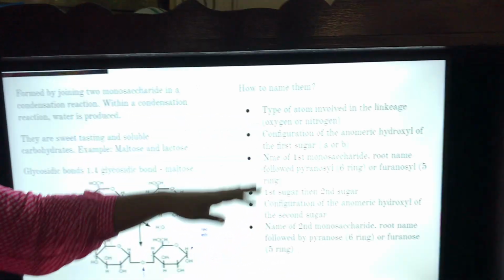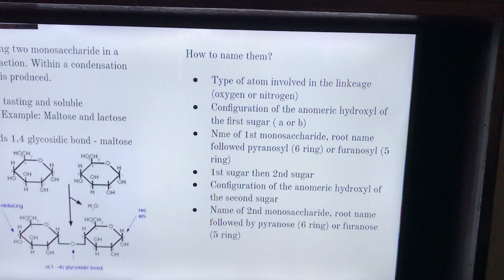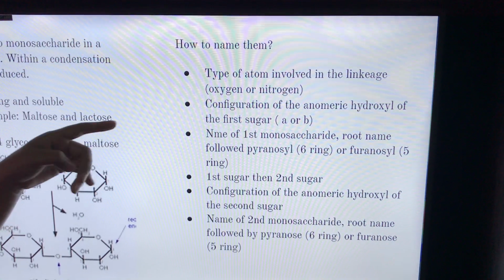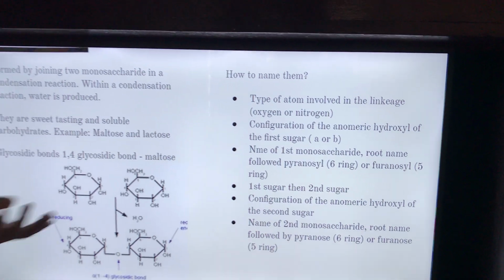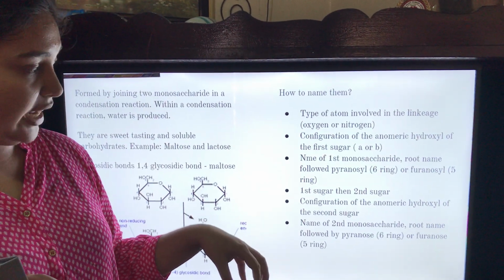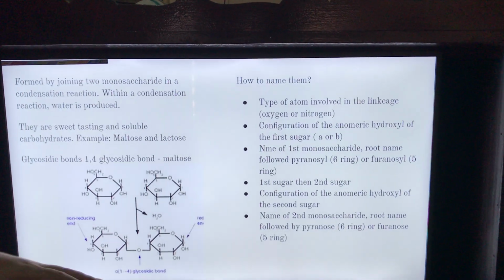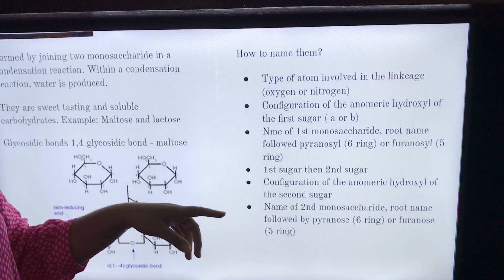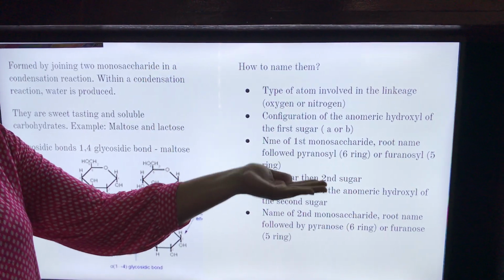So a couple of steps to remember when naming them: 1, the type of atom involved in the linkage, be it oxygen or nitrogen, and then the configuration of the anomeric hydroxyl, which we also talked about in monosaccharides, if it's alpha or beta. Then you name the first monosaccharide, the root name, followed by pyranosyl, which is a 6-ring, or furanosyl if it's a 5-ring. In monosaccharides, we had furanose and pyranose, but here in disaccharides it is slightly different.